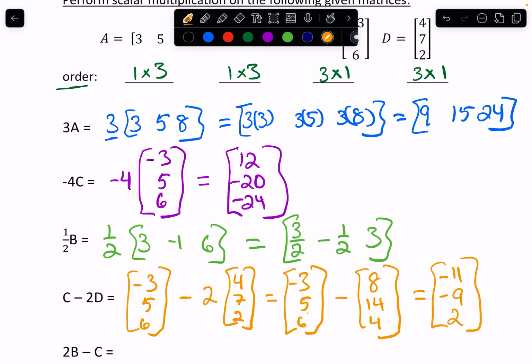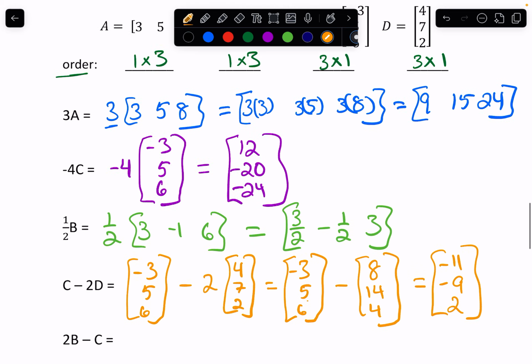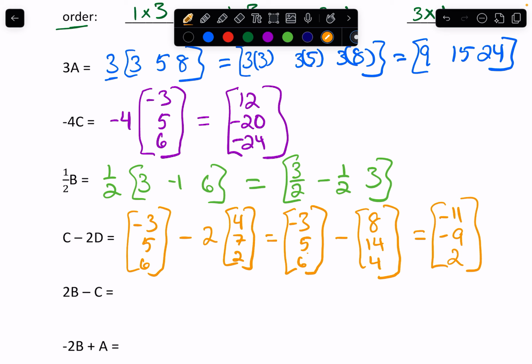Okay, next one is going to be 2 times matrix B minus C. So our matrix B is 3, -1, and 6, and our matrix C is -3, 5, and 6.